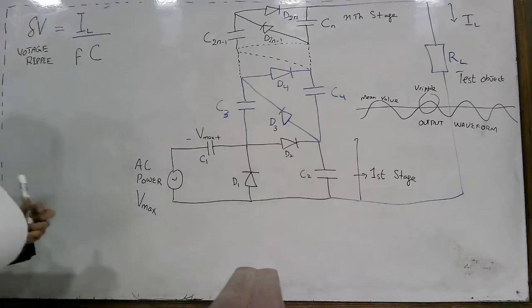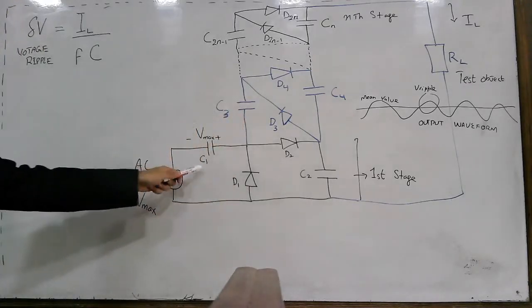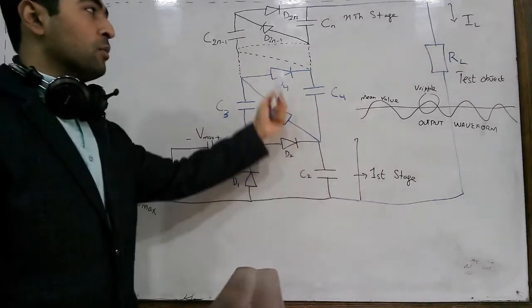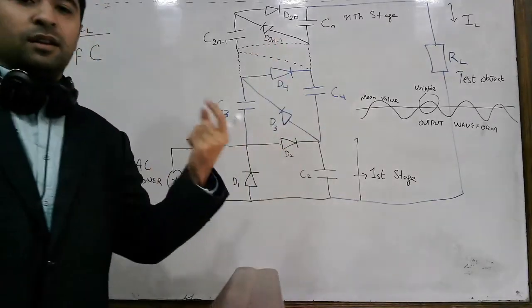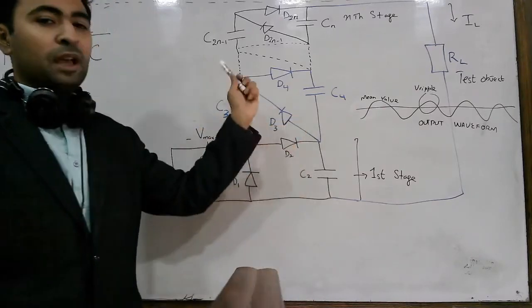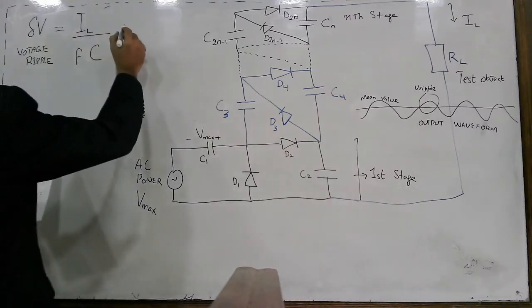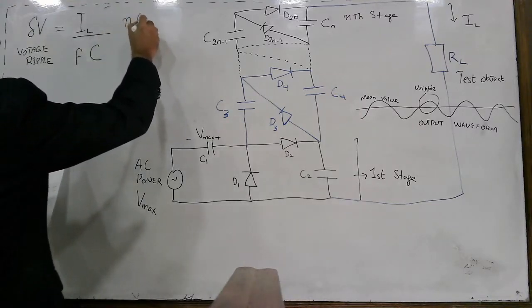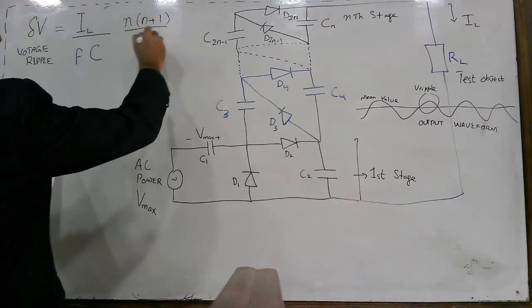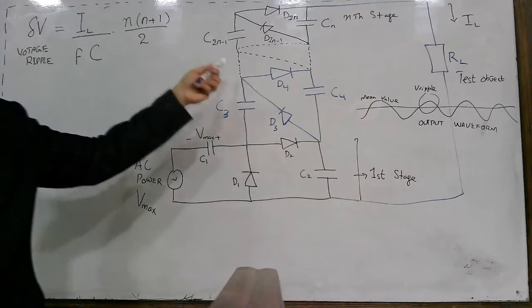One more thing, in a Cockcroft-Walton circuit, the values of the capacitors throughout the circuit are the same. Each capacitor has the same capacitance. And multiply by n into n plus 1 divided by 2, where n is the number of stages.